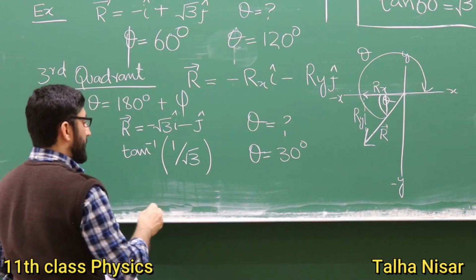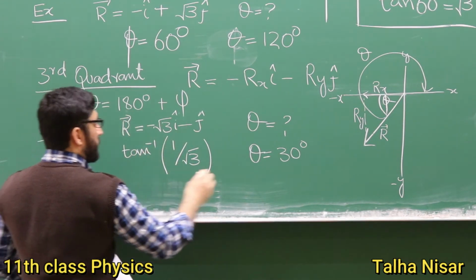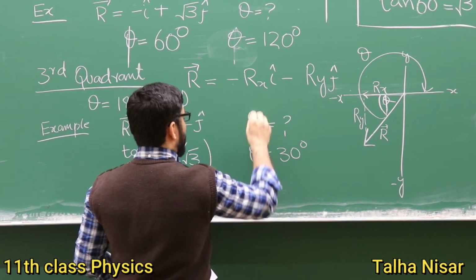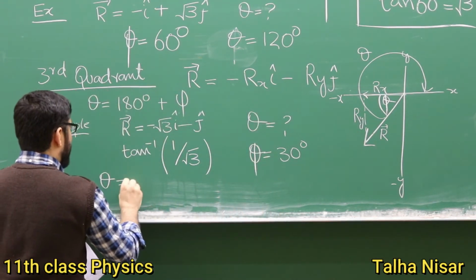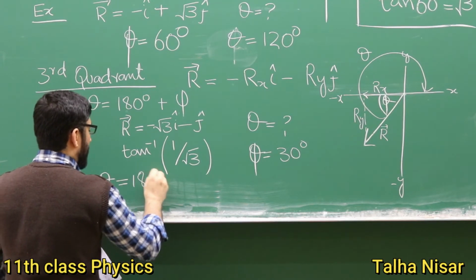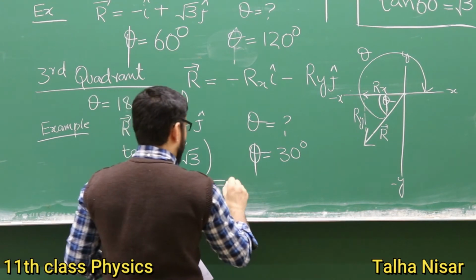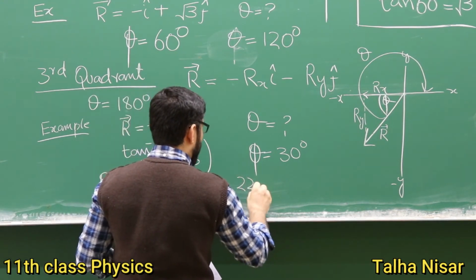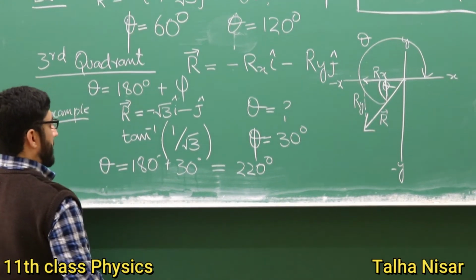This is phi, and we are interested in theta, so it's 180 plus 30, so theta is 220 degrees.